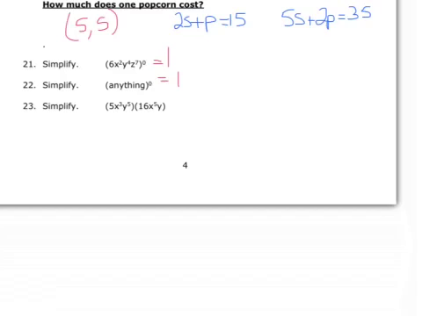23, simplify. When I look at this problem, I see only multiplication here, so it's one term times one term, so monomial times a monomial, and that is going to follow the rules of the MAD SPM.